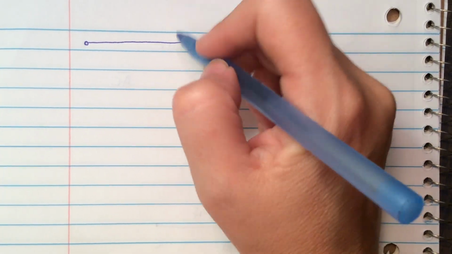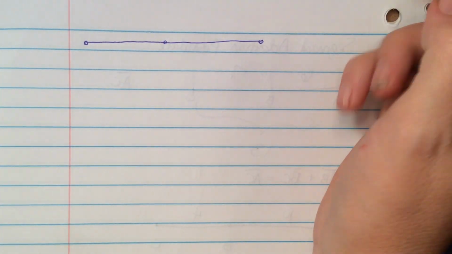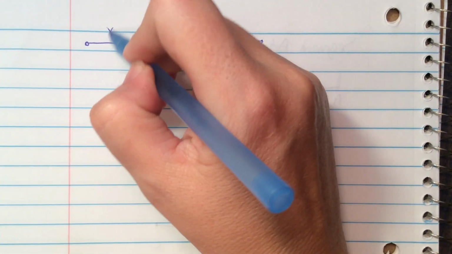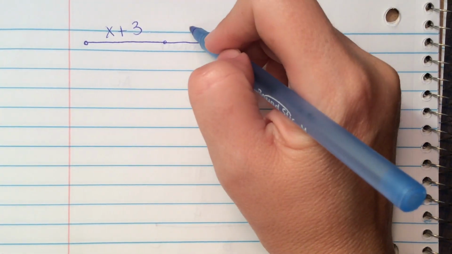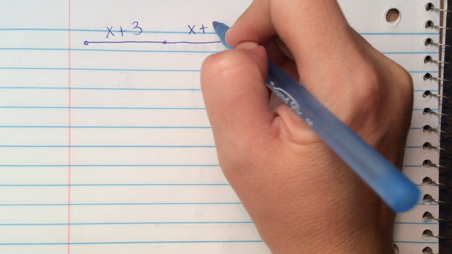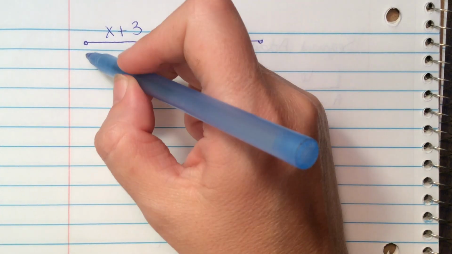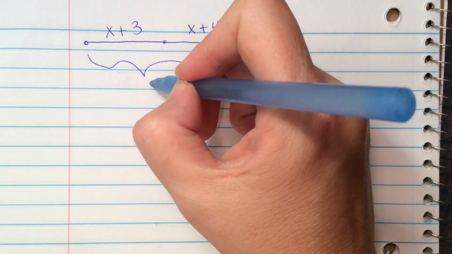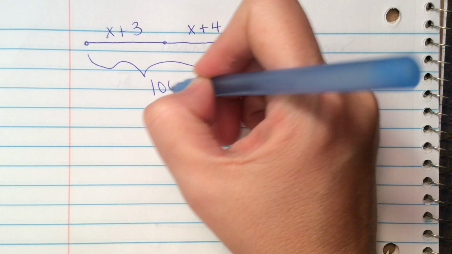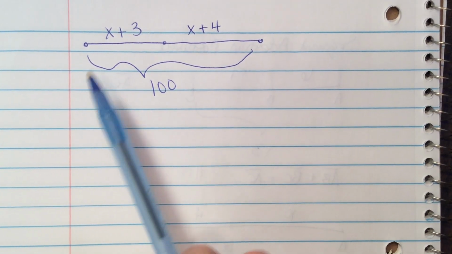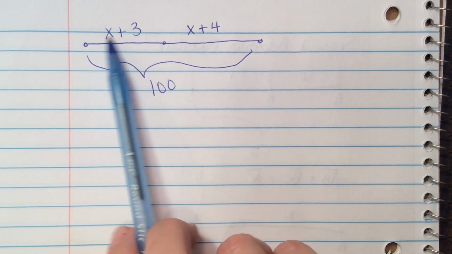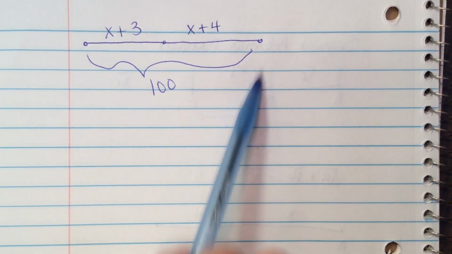Let's say this part is x plus 3 and this part is x plus 4 and the whole thing is 100.